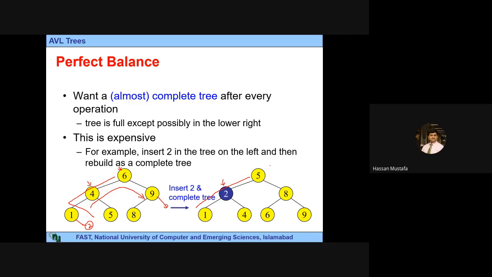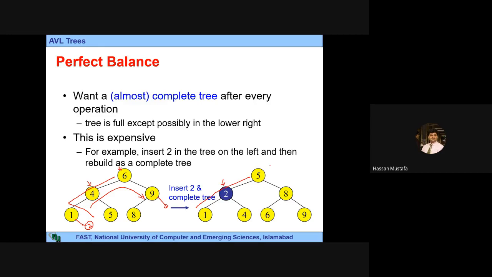Because what we are allowing here is that one branch can be lengthier than the other with only a difference of one node. So the path that is lengthier would not be more than one in length. So the difference would be not more than one.